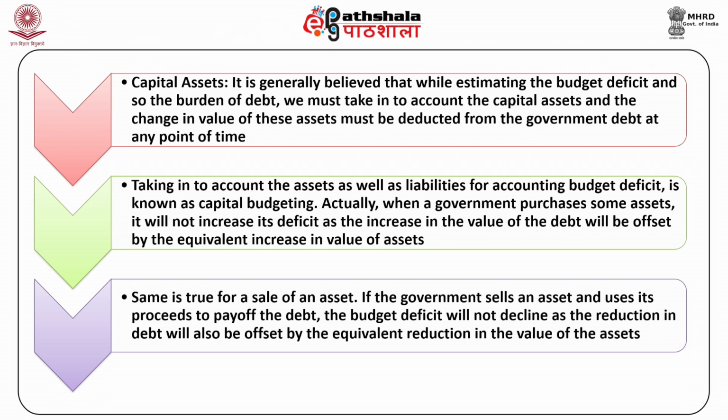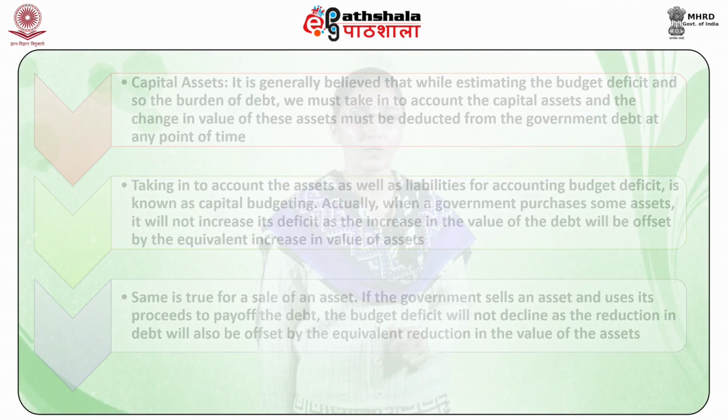Actually, when a government purchases some assets, it will not increase its deficit, as the increase in the value of debt will be offset by the equivalent increase in value of assets. Same is true for a sale of an asset. If the government sells an asset and uses its proceeds to pay off the debt, the budget deficit will not decline, as a reduction in debt will also be offset by the equivalent reduction in value of the assets.